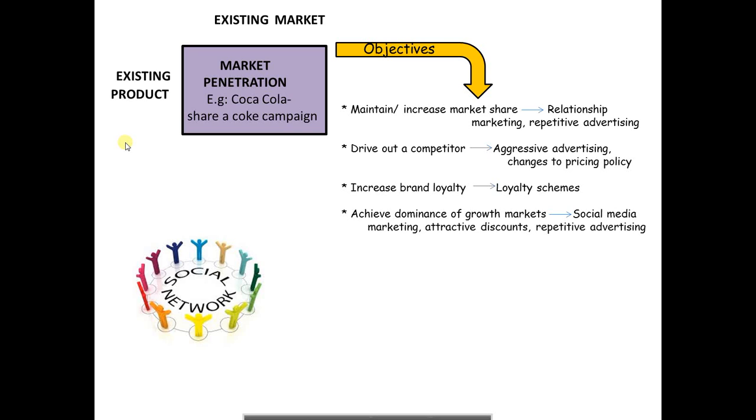For example, if we look at the Coca-Cola Share a Coke campaign, which was done for market penetration, where Coke invited its consumers to find a bottle with their name on it, or their friends or their loved ones' names on it, and share it, and they got so much involvement with over 125,000 posts in just over 1 month. There was so much involvement, so much buzz about the campaign, and this further stresses their dominance in growth markets. So this is another method that you could use.